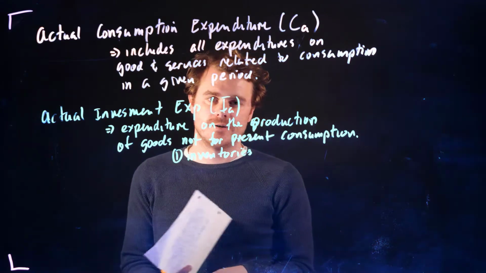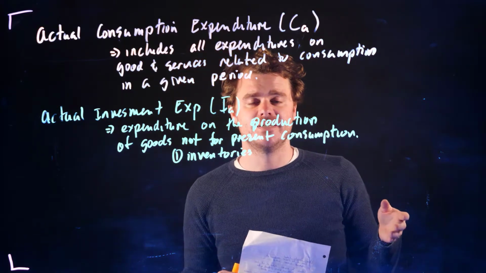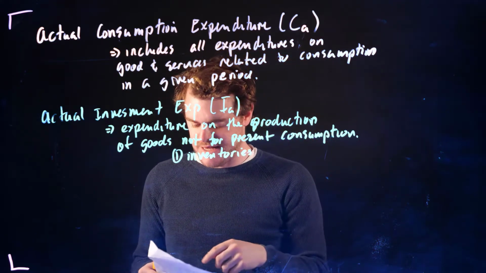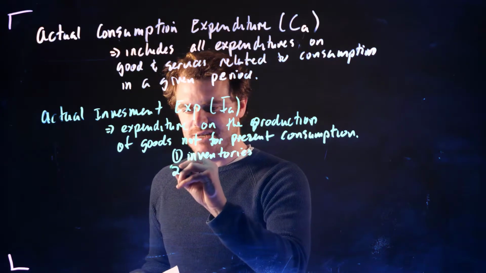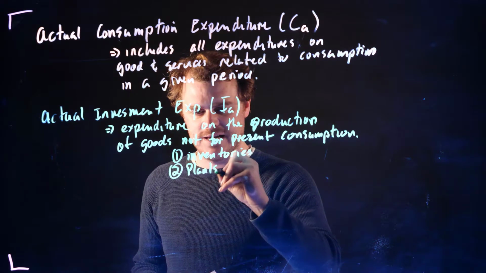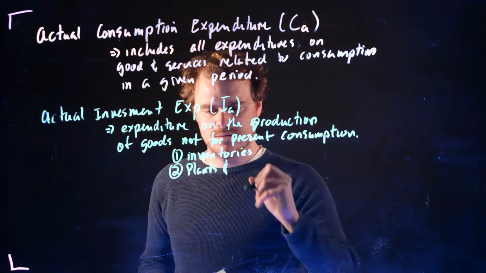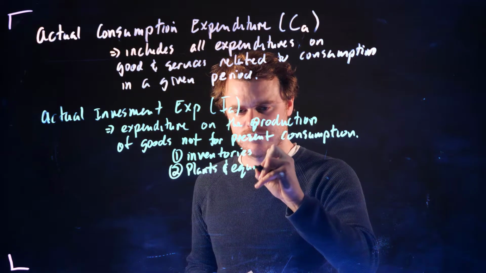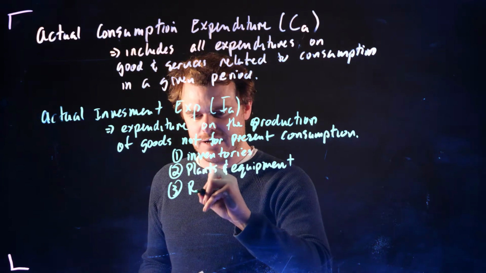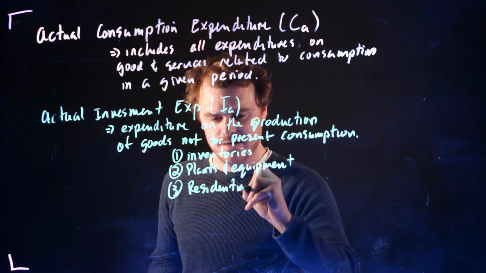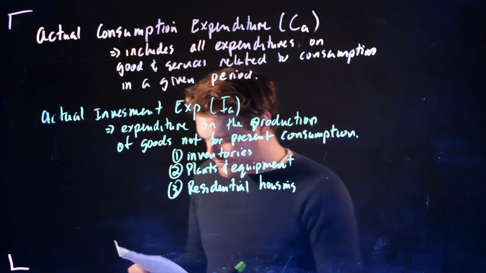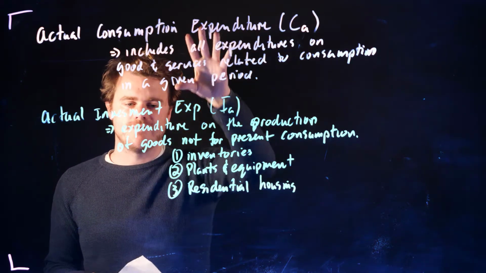Inventories are an investment because you're going to sell them in the future, so actual investment includes inventory. Plants and equipment are an investment for future production. And the third category is residential housing, which is also considered an investment.